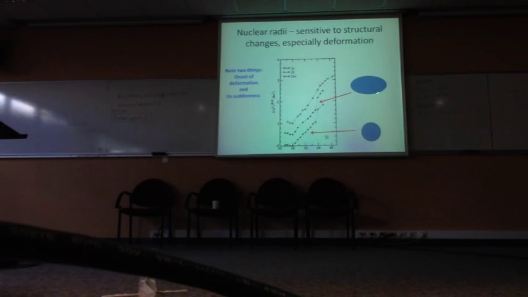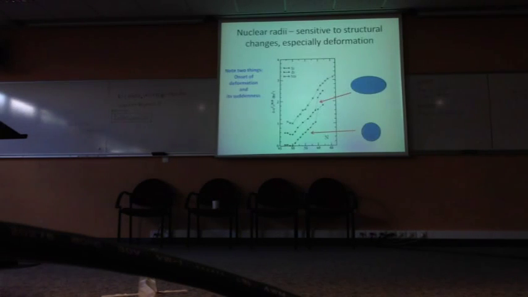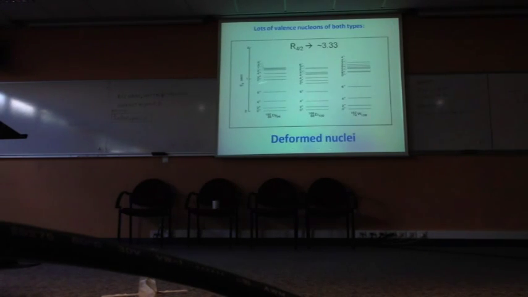And that's when deformation sets in. Okay, because if you have a nucleus shaped like this compared to this, the root mean square radius will be bigger.